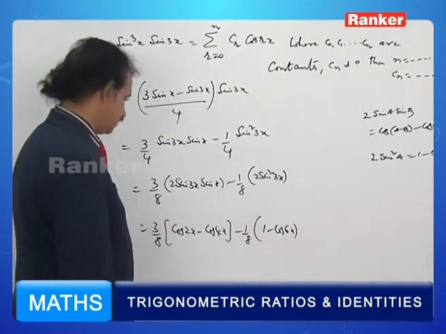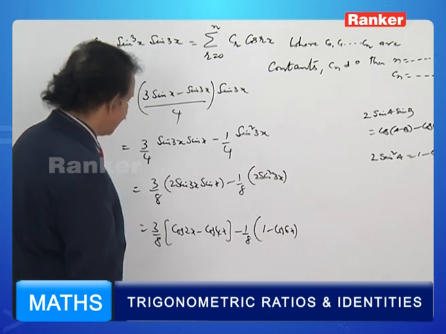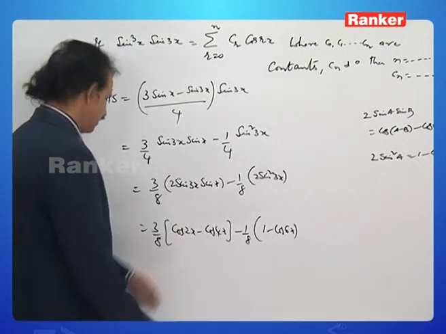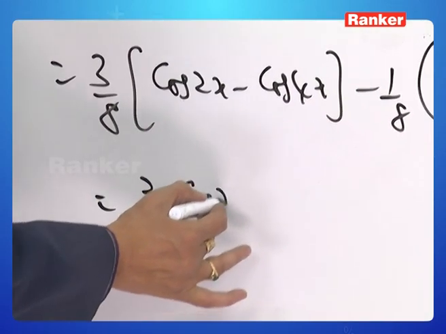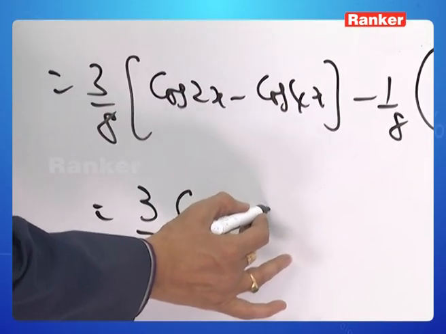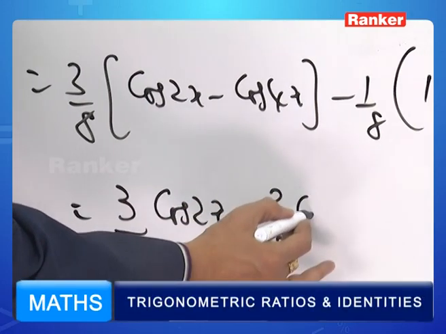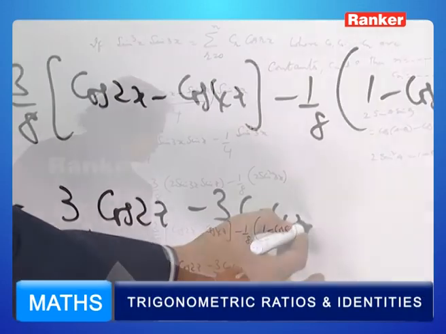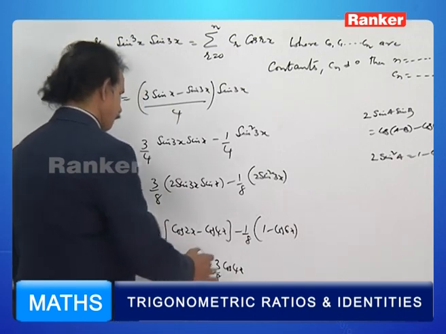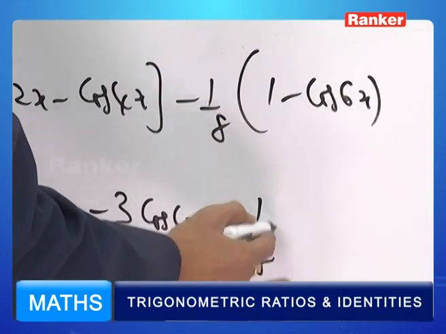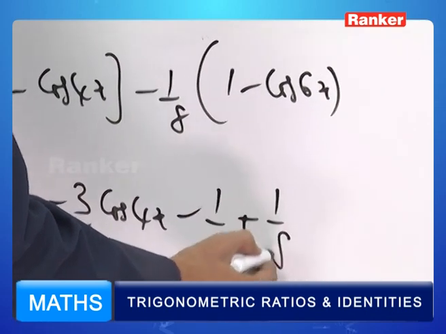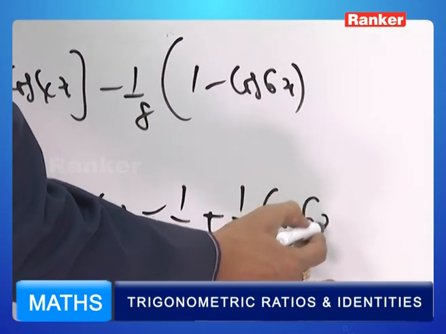1 minus cos 6x. What is the least multiple angle involved in cosine function? 2x. So it is 3 by 8 cos 2x minus 3 by 8 cos 4x minus 1 by 8 plus 1 by 8 cos 6x.